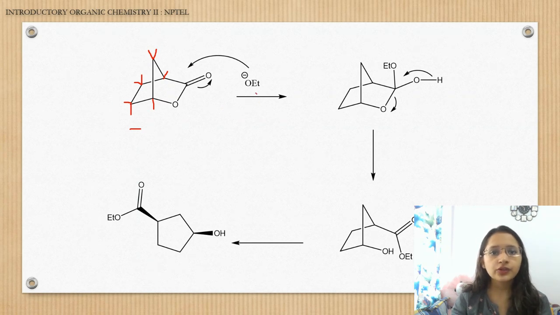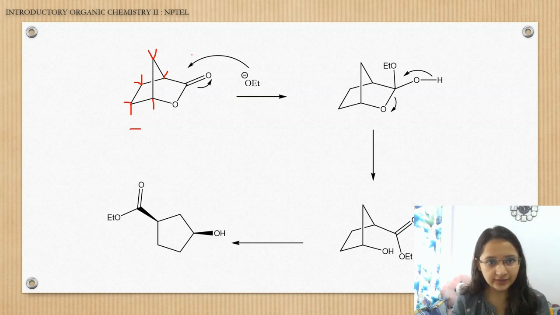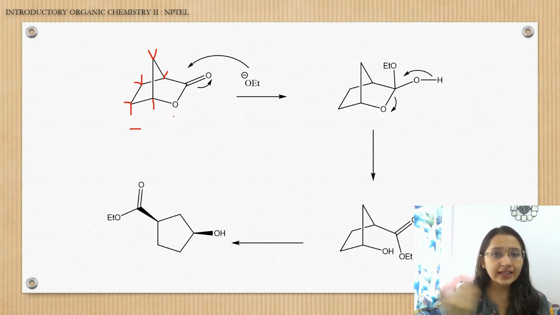So now the ethoxide is acting as a nucleophile rather than a base, because the system doesn't have an acidic hydrogen. Is it clear what an acidic hydrogen is? I will recall it: if the carbon is very much electron deficient because of the presence of an electron withdrawing group here, then the hydrogens connected to this particular carbon are more electron deficient.